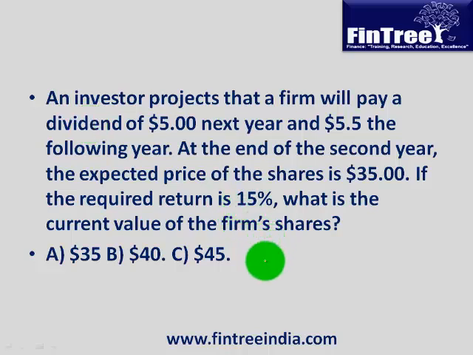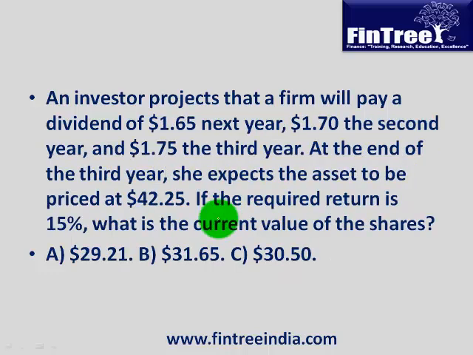Yes, your cash flows are, cash flow 1 would be 5 and cash flow 2 would be 40.5. And then discounting them backwards for 2 years at the rate of 15%. Yes, cash flows would be 1.65. Put them in your cash flow function, do it quickly. 1.70, 1.75, 42.25. They go to your cash flow function.